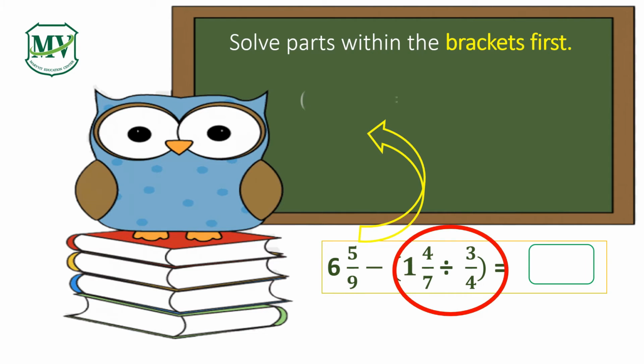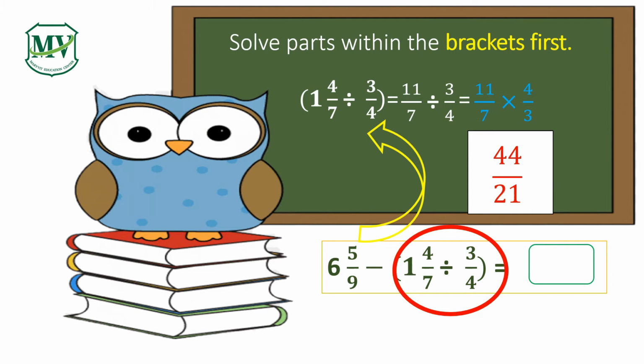That is, 11/7 divided by 3/4. Applying the rule in dividing fractions, get the reciprocal of 3/4, which is 4/3, then 11/7 times 4/3 equals 44/21.